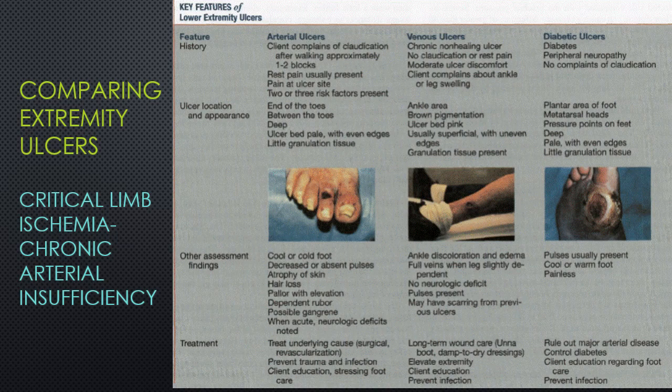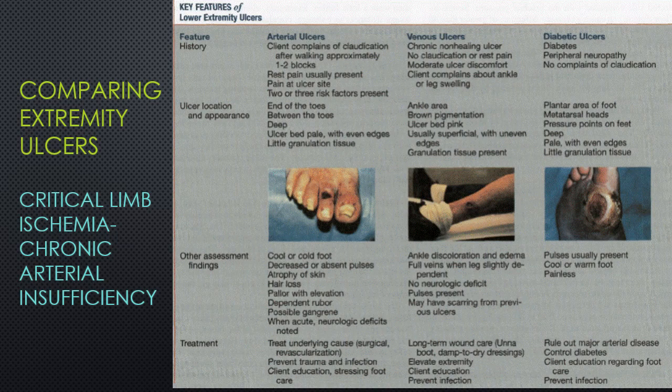To compare that to a venous disease, the lower extremities in the venous patient who has chronic venous insufficiency usually have a brown pigmentation from hemosiderosis, which is a pooling of the iron deposits from the blood cells that have ruptured there. The ulcer beds tend to be very pink, more superficial, with uneven edges, and very wet.